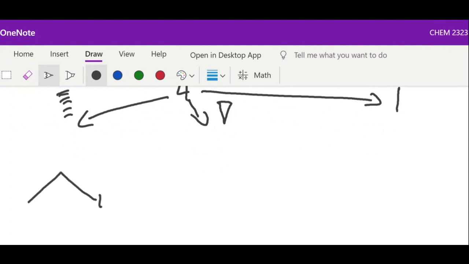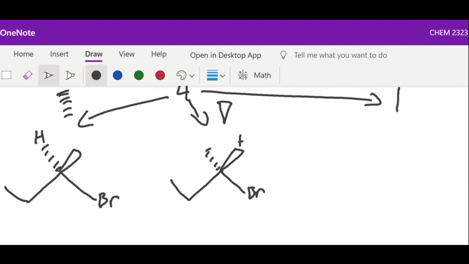And I'm going to try to use the same example. So let's say I have bromine. Okay, so let's say one of that is an ethyl and one of this is a methyl. Right? So let me draw out all the scenarios and then we'll talk about it.